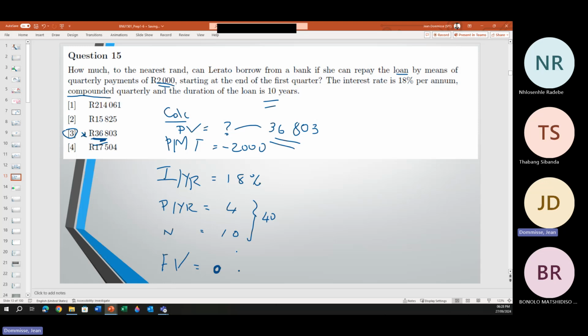By paying off a loan, she needs the money up front, and at the end of the period, the loan would have been paid off. So we are looking for option 3 as the correct one.